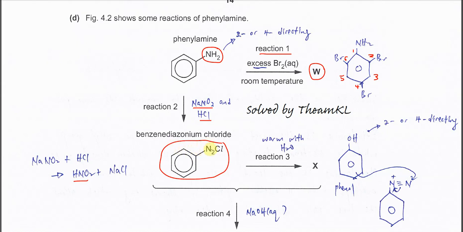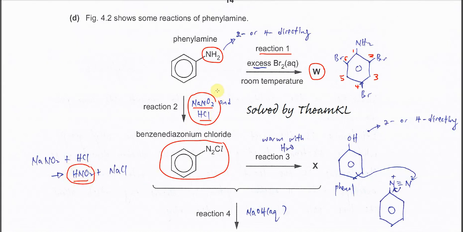So this HNO2 is the one that converts the phenylamine to this benzene diazonium ion or benzene diazonium chloride. There is a mechanism, but you do not need to know the mechanism. You just need to know the compounds that convert this phenylamine to this benzene diazonium chloride. Either you use NaNO2 with HCl or you just put HNO2.